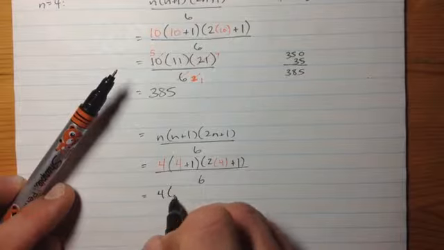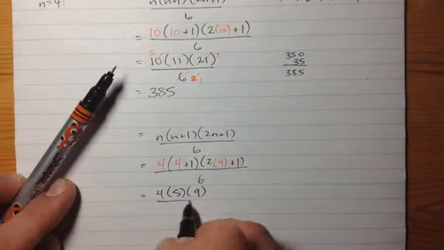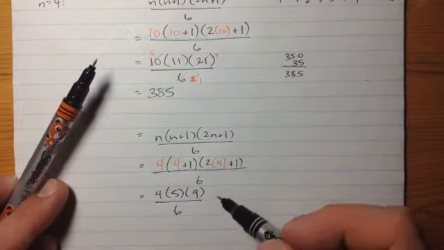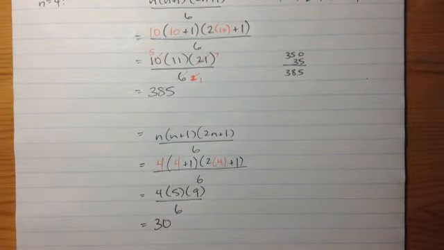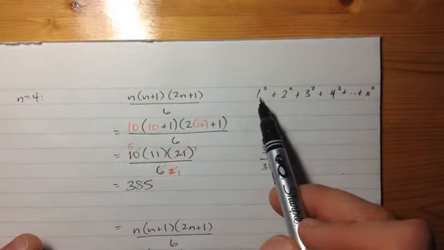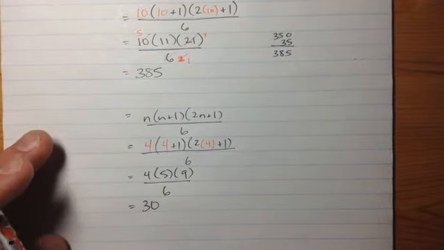That is 4 times 5 times, that'll be 9, all divided by 6. And that's going to give me a value of 30. And you can try that one out for yourself. That'll be the same as 1 plus 4 plus 9 plus 16 is the value 30.